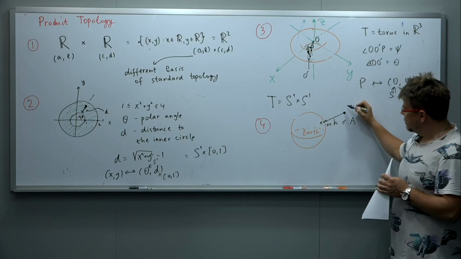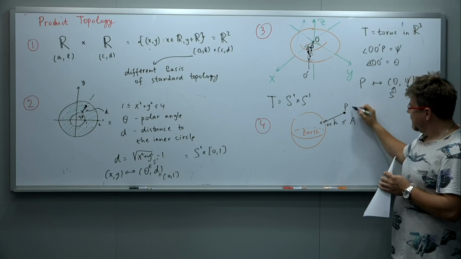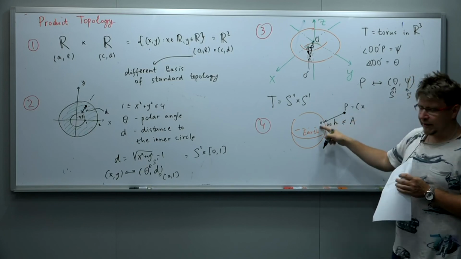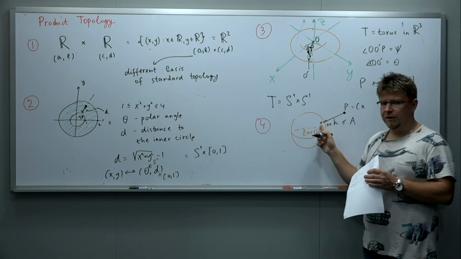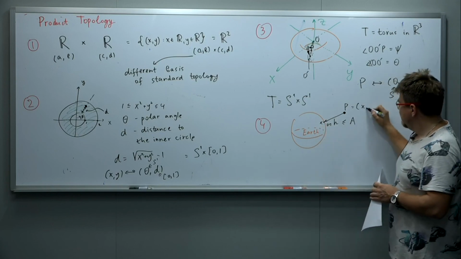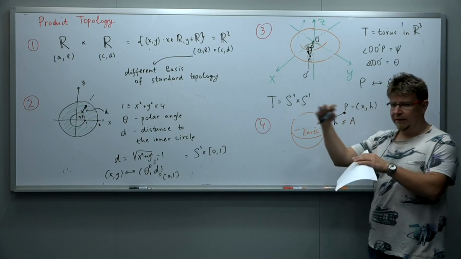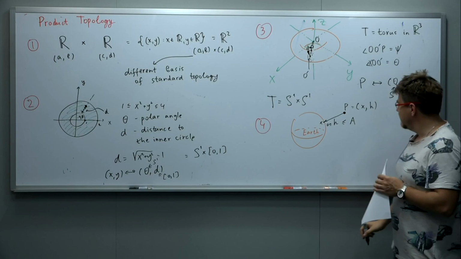It means that the position of the satellite, p, can be described by the pair where the first entry is x, the point on the surface of the Earth that the satellite is right above, and the second is h, the altitude, the height of the satellite above the surface of the Earth.